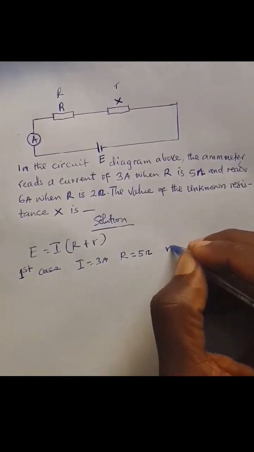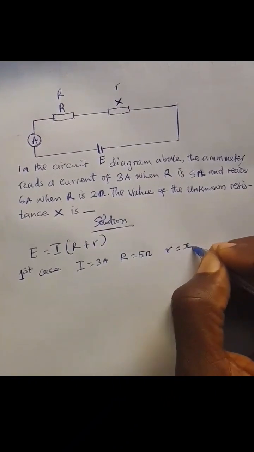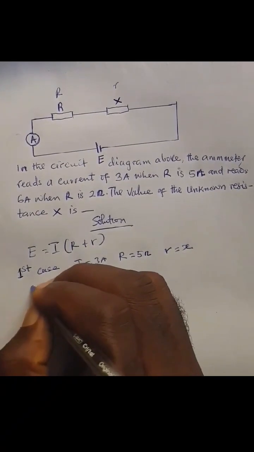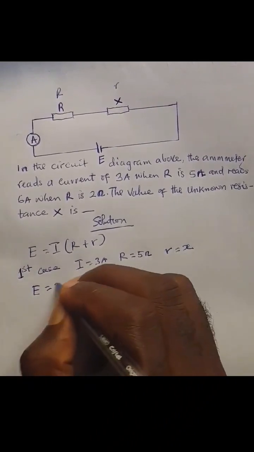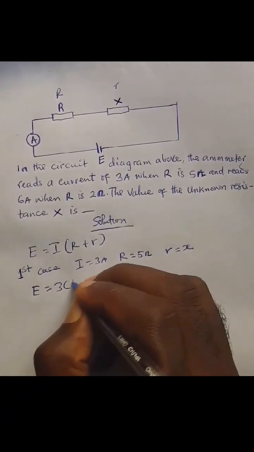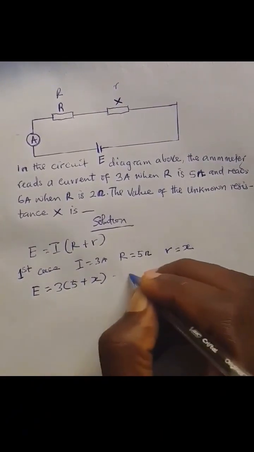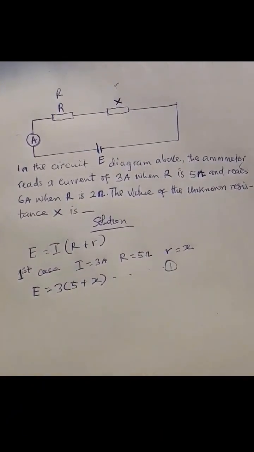But remember, our small r is equal to X, and that is what we are calculating. So let's quickly substitute into the equation. We have E equal to 3 into 5 plus X, close our bracket. We can term this equation 1.